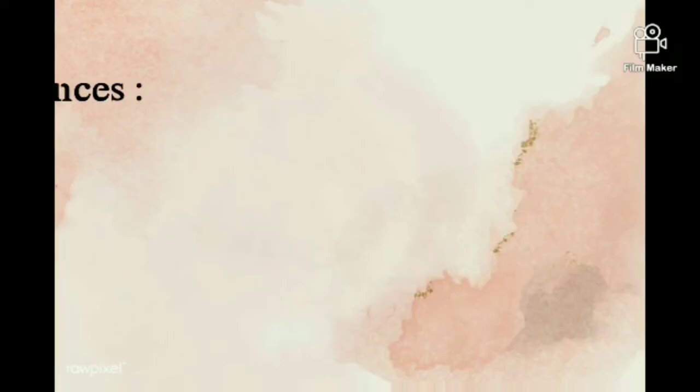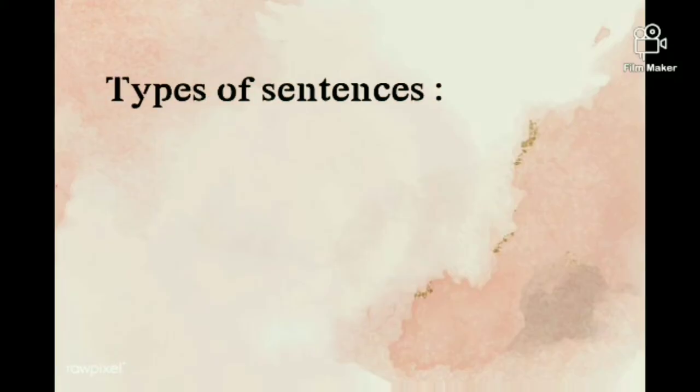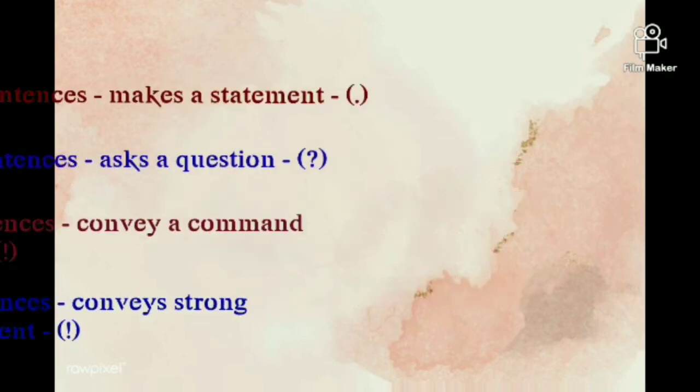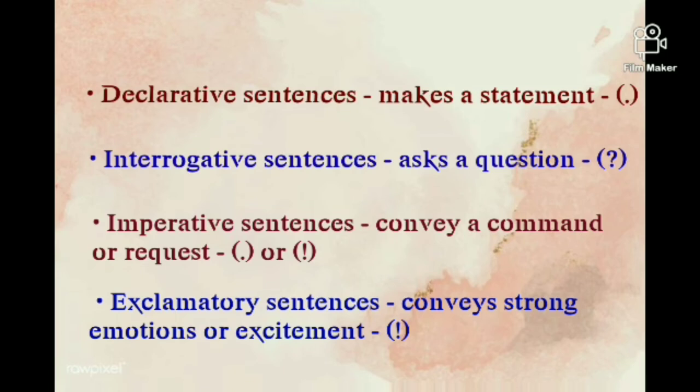Next, types of sentences. So what are the 4 different types of sentences? Can you tell them? Declarative sentence, interrogative sentence, imperative sentence, and exclamatory sentence. So, a declarative sentence makes a statement and ends with a period.